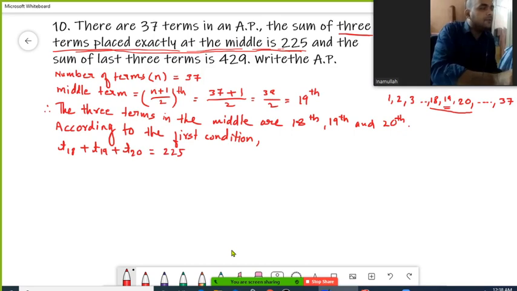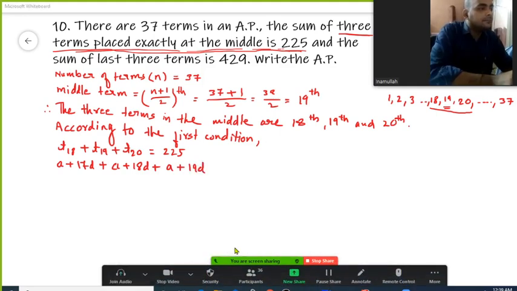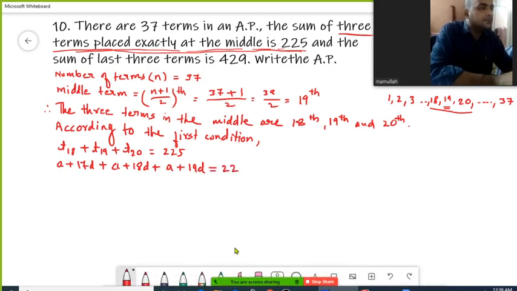Now T18 is actually A plus 17D. So we can write A plus 17D, plus T19, A plus 18D, plus T20, A plus 19D, is equal to 225.